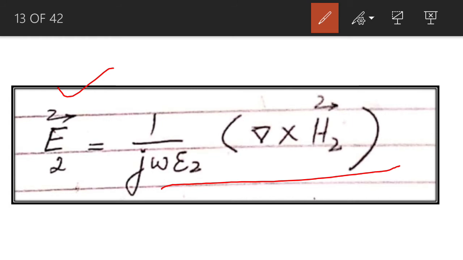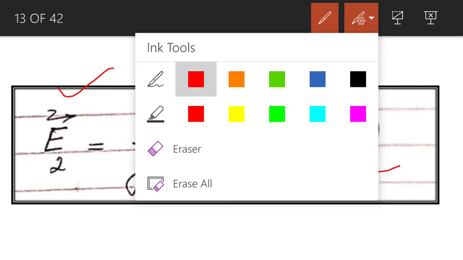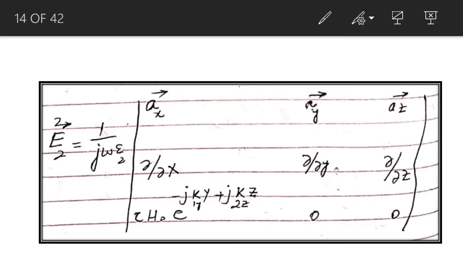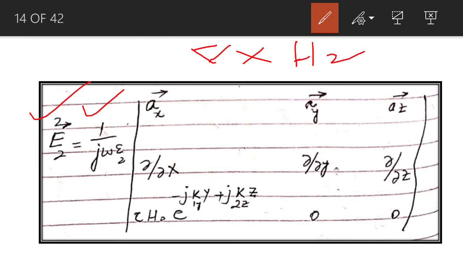So let us put the value of the curl of the magnetic field intensity on the right hand side of this equation. So E2 will be equal to 1 over j omega epsilon 2, and this determinant gives you the curl of the magnetic field intensity H2 in medium number 2.